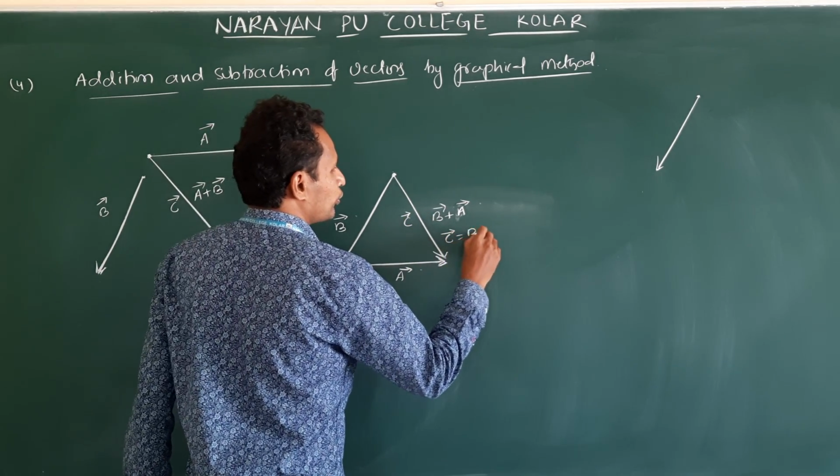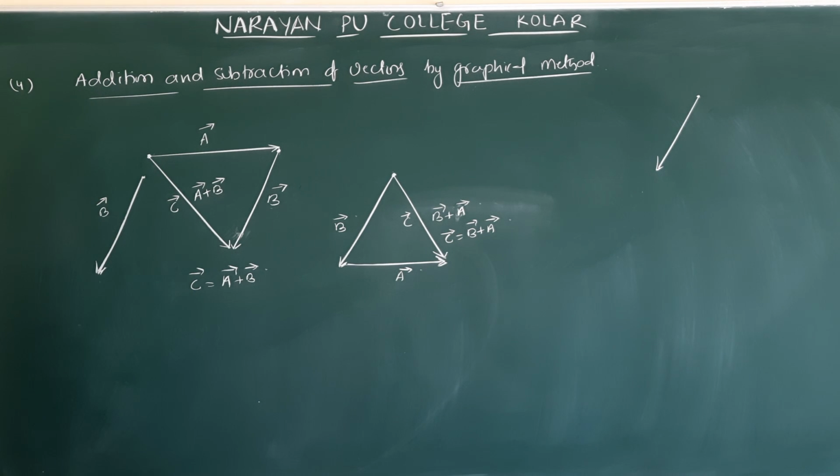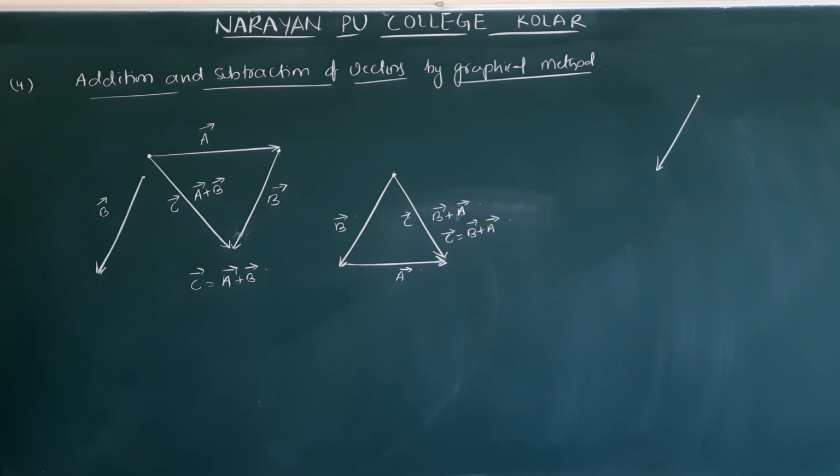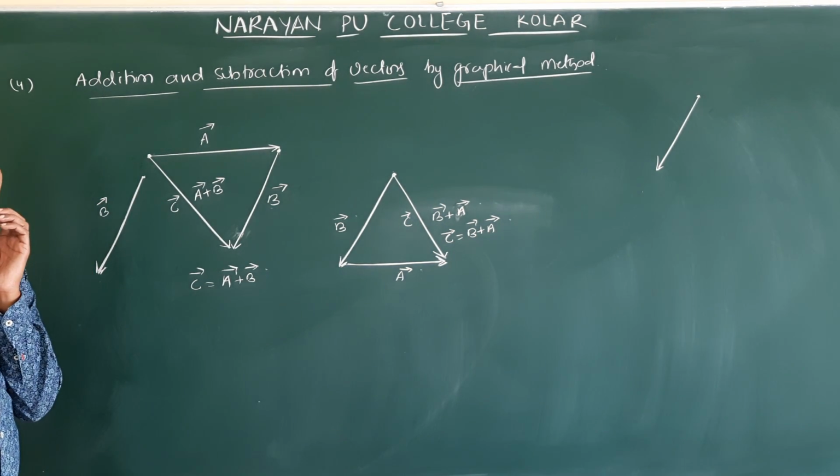C is equal to B plus A. Clear? Understand?